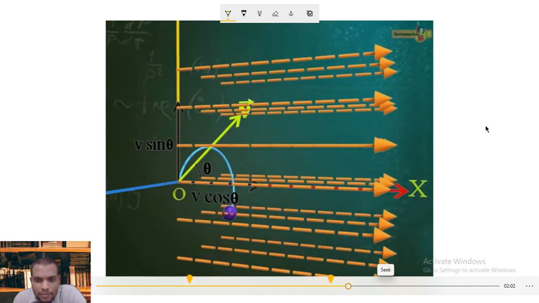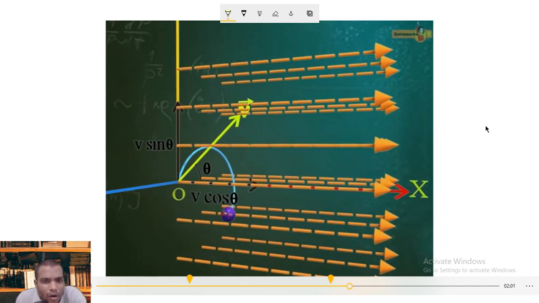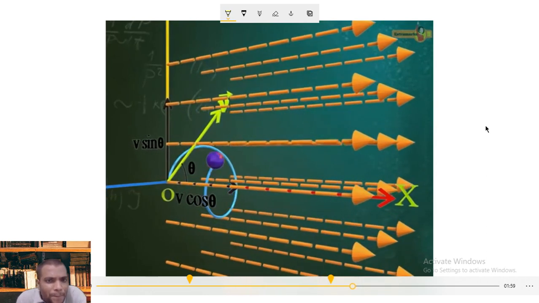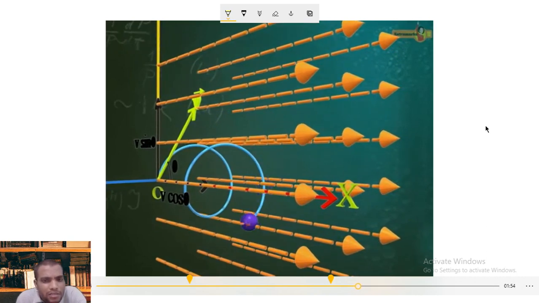I want to play it back. Observe it very carefully. If the charged particle enters a magnetic field at any angle, the velocity is resolved into its horizontal and vertical components. Because of the component interaction with the magnetic field, the positive charged particle moves in a helical path.